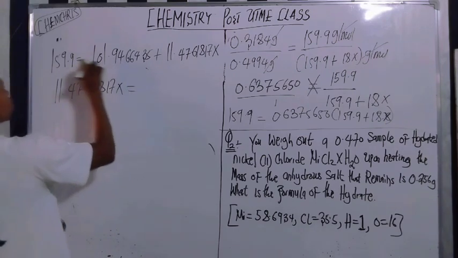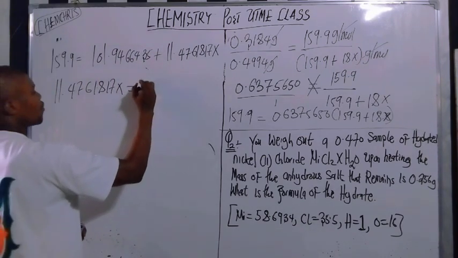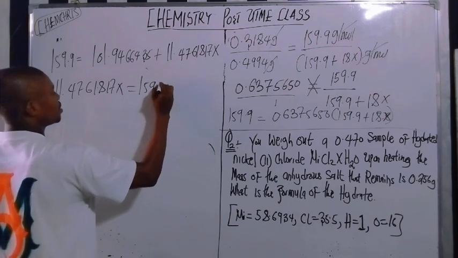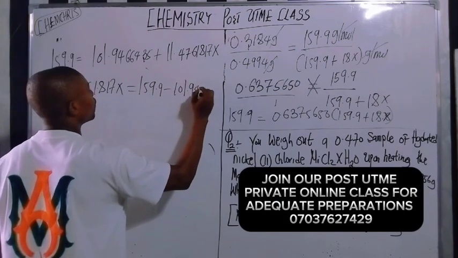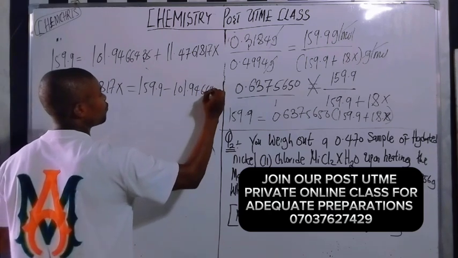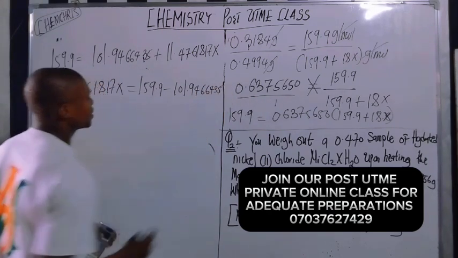So it's going to be 11.4761817x equals to. So now when you move here, we have 159.9 minus 101.9466435. Can you see that?